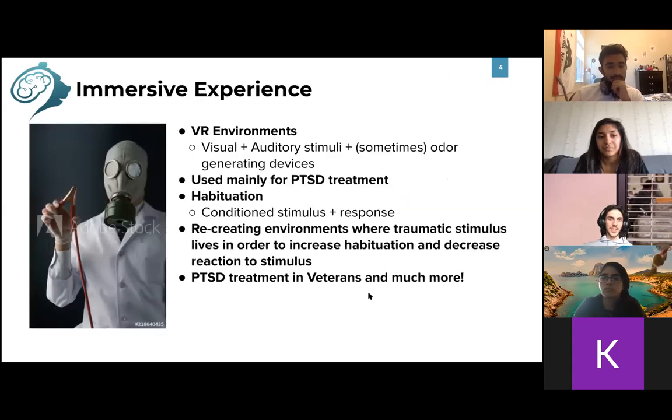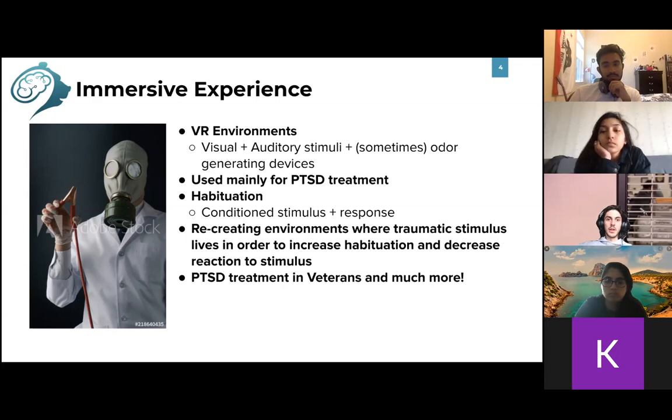So let's talk about immersive experience a little bit more. As I said, you can create a VR environment. You create a visual stimulus, and you add some sound, and sometimes they add even odor generating devices. I didn't even know these existed, but apparently it's a thing. That's mainly used for PTSD treatments. Its basis is habituation.